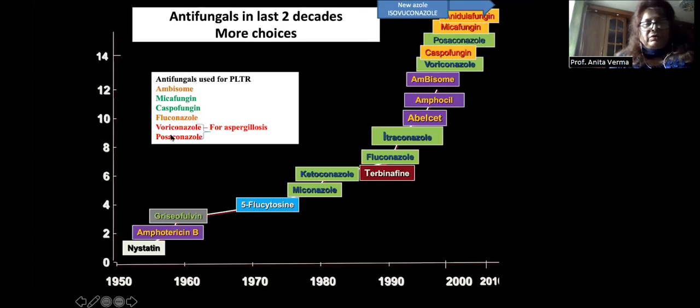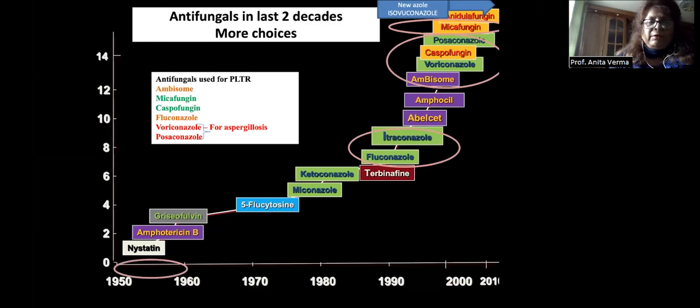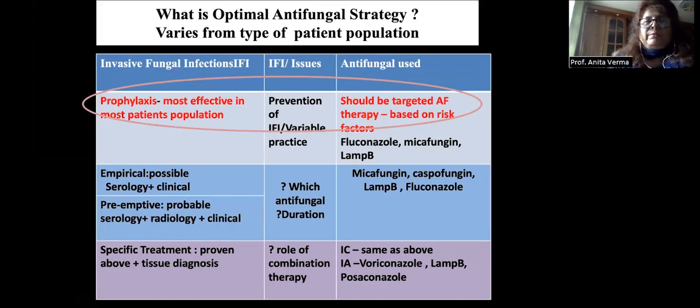Voriconazole and posaconazole are only used for proven invasive aspergillosis because they are highly hepatotoxic and have a number of side effects. Now we have a newer antifungal of the azole group, isavuconazole, which is now widely used in hematology patients for treatment of invasive aspergillosis and mucormycosis.